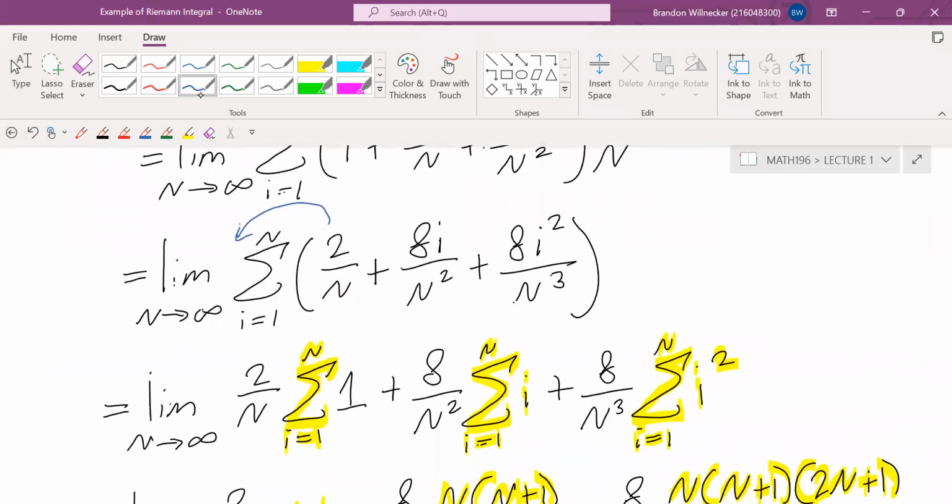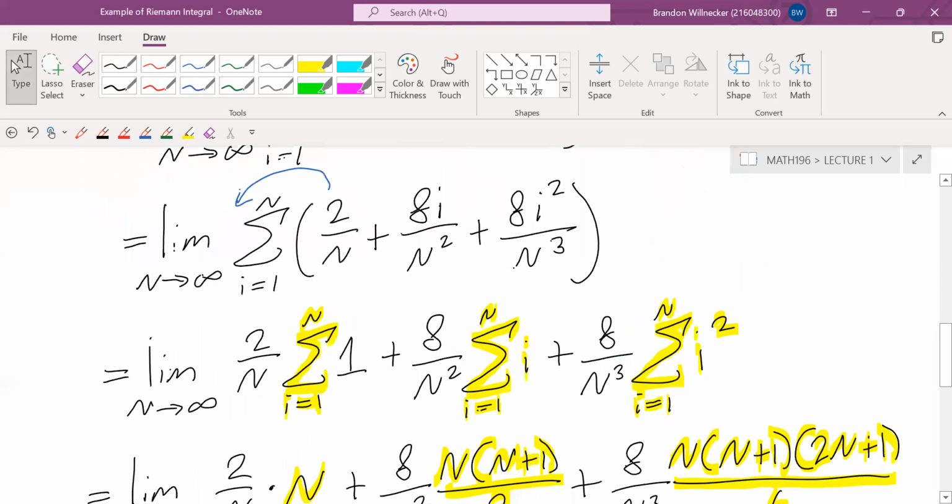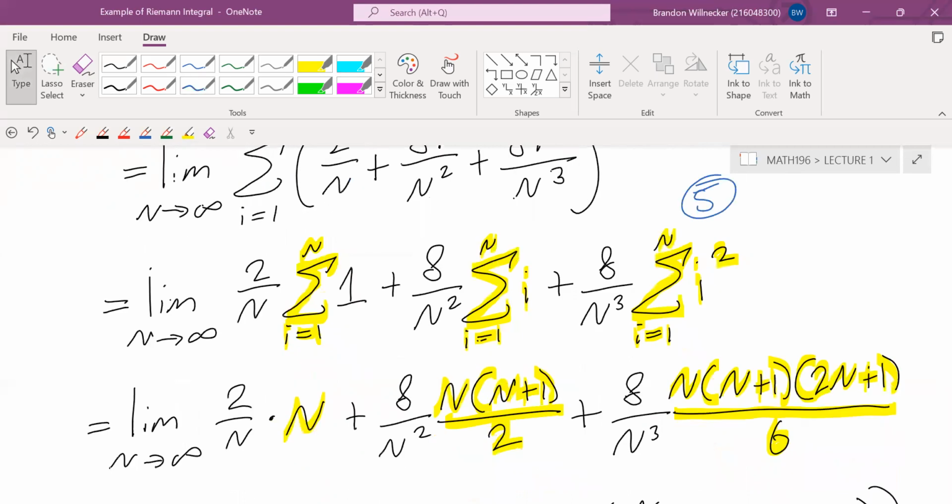Then in step 5, we separate out the sums. So we had the sum of individual terms being added, and we replaced that with these individual sums that we have in yellow. The reason we do that is because each of these individual sums can be replaced with their closed form expressions.